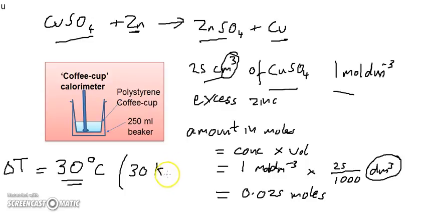That's 30 Kelvin. So a lot of the time now we're going to be using the Kelvin scale for temperature. So in order to understand that, you need to understand that 1 degree centigrade is the same as 1 Kelvin.